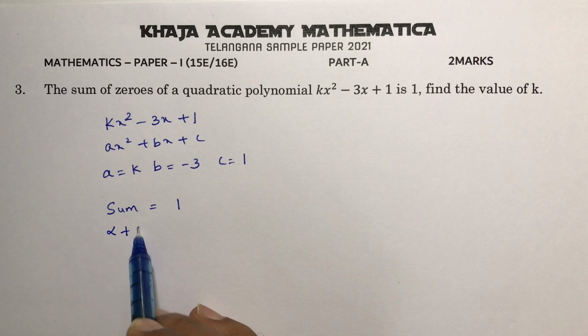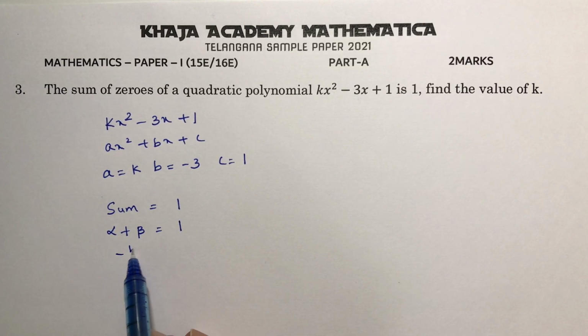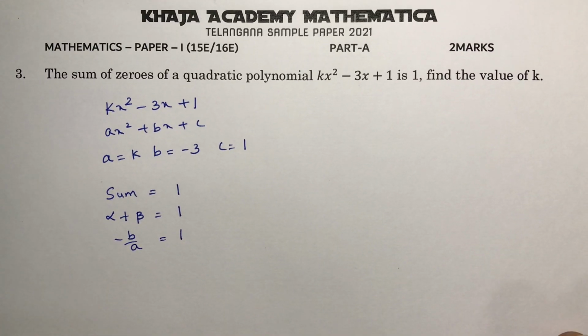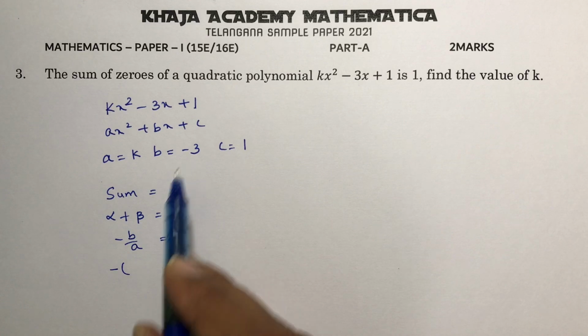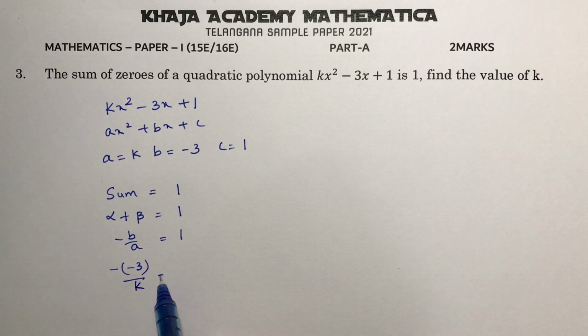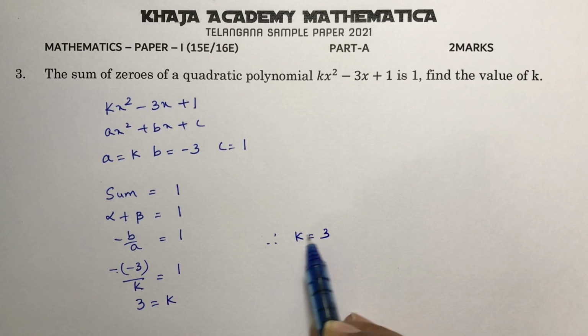Sum of the zeros is nothing but alpha plus beta is 1. Alpha plus beta formula is minus b by a. Minus b by a is 1. So minus b is minus 3, a is k. So minus into minus, plus 3 equals k into 1 is k. Therefore the value of k is 3.